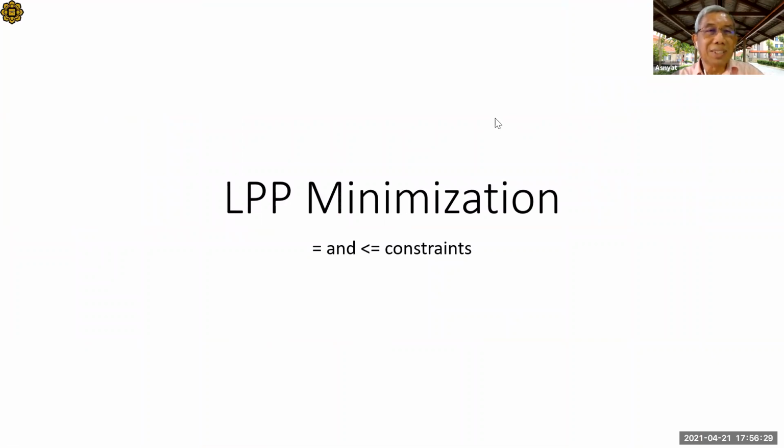Minimize. I just quickly want to discuss. What should we do with an equal sign? Add artificial variable, say A1.